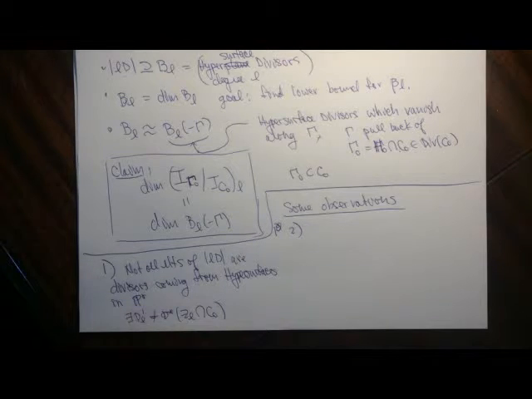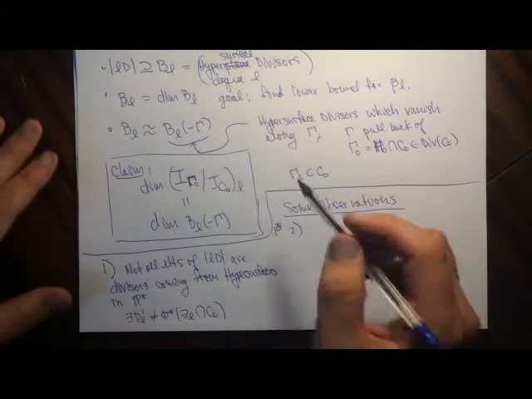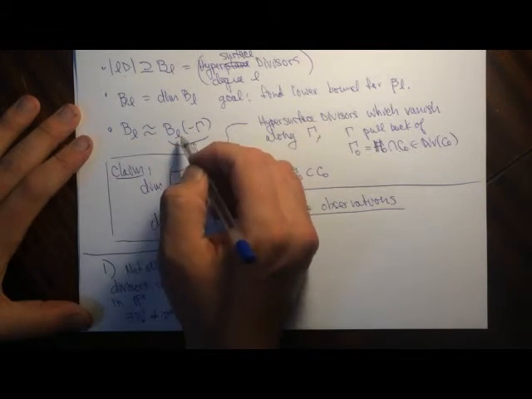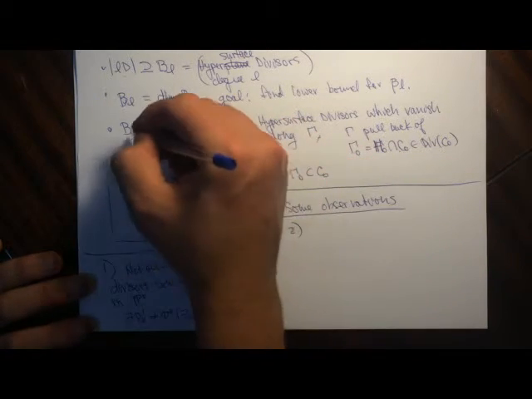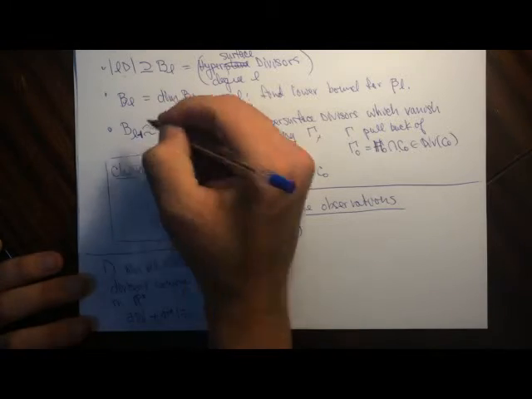Okay, so the second point is that I want to talk about this shift here, this correspondence between BL minus 1 and BL with this gamma shifted. Sorry, this is supposed to be BL minus 1.